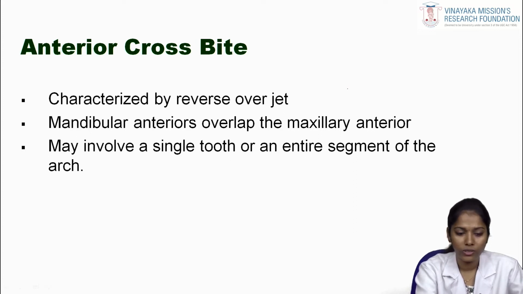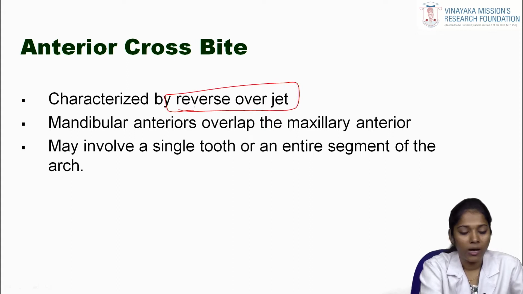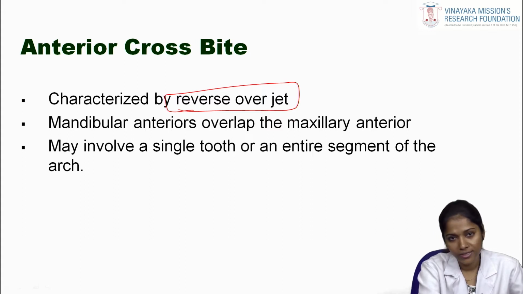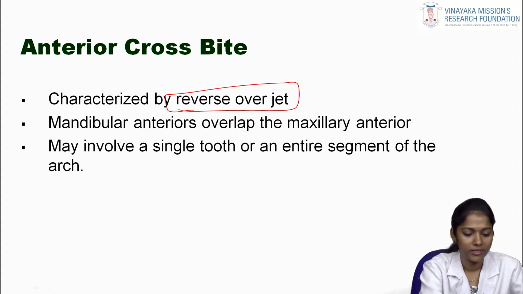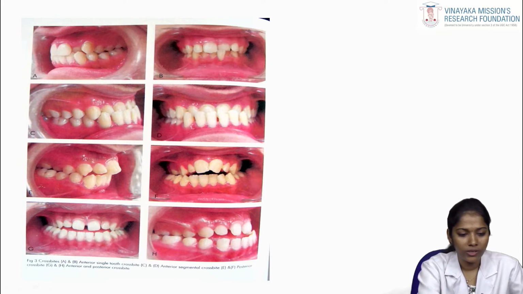Whereas in case of anterior crossbite, we term it the reverse overjet. The reverse overjet is where the mandibular incisors are quite out and covering your maxillary incisors. As we can see in the second line, mandibular anteriors overlap the maxillary anteriors. It may involve a single tooth or the entire segment. Accordingly, we term it.